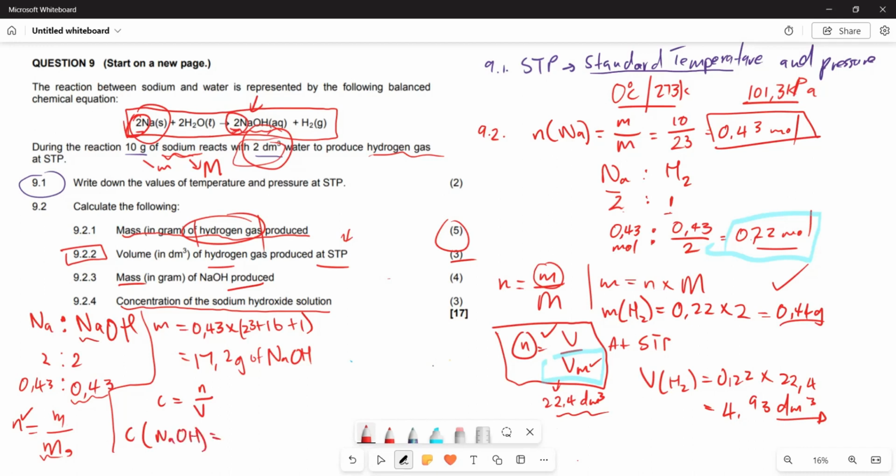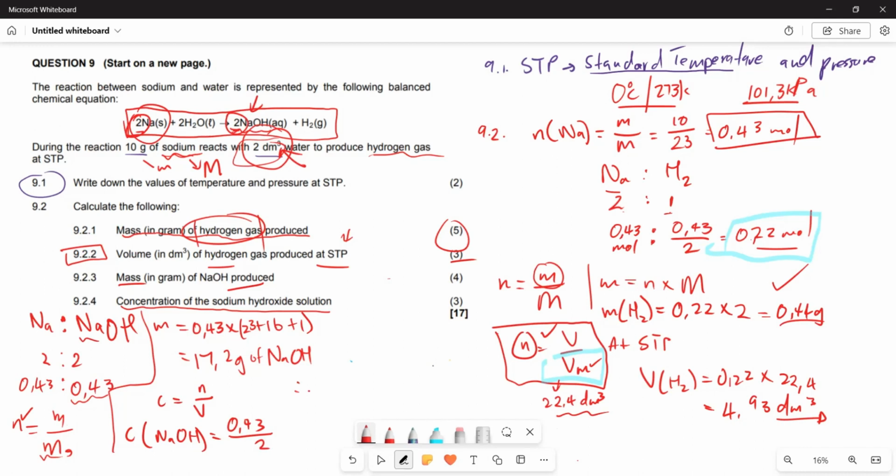It is going to be the mole first. And what is the mole that you're given? The mole of your sodium hydroxide we found using the ratio, which was 0.43, right? So this is going to be 0.43 divided by the volume. Remember, the volume is the same here, the 2 mole per decimeter cube, which is going to be the 2.